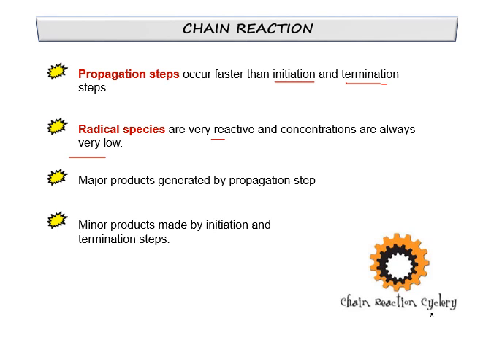Okay, kita tak sempat pun nak measure the concentrations. So major products are generated by propagation step. Minor products usually made by initiation and termination steps. That's why the overall kita akan ambil kira propagation step sahaja.